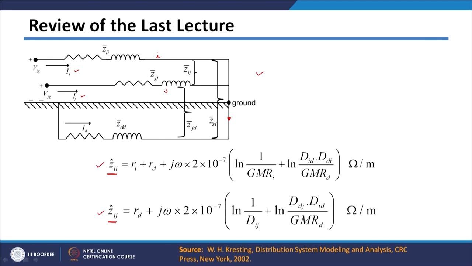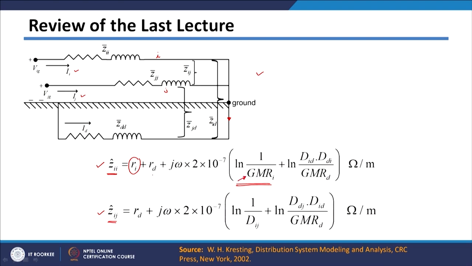In this equation, Ri is the resistance of the conductor, which is available from the data sheet. The term natural log of 1 divided by GMRI depends upon the GMR of conductor I, which can be easily estimated.